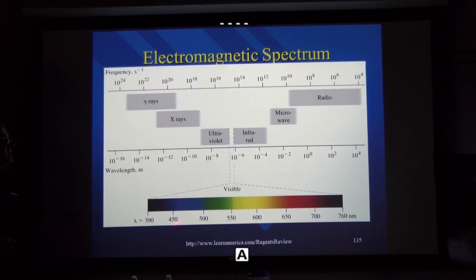Well, what we can do is excite atoms, for example. And if you excite atoms and you pass that light through a prism, what a prism does is it basically bends the light into its specific wavelengths.